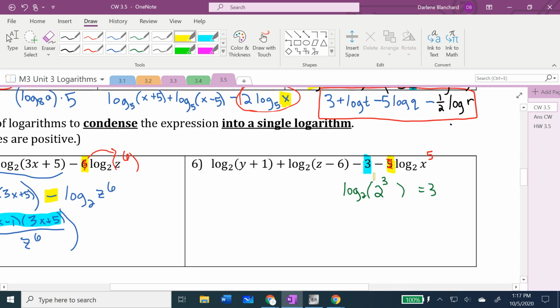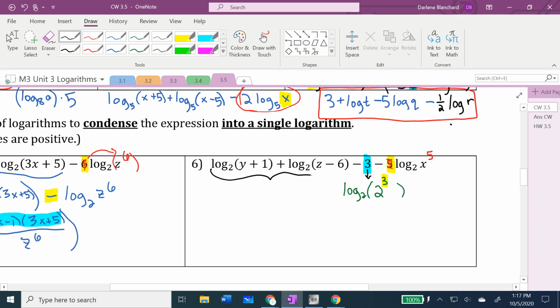The inverse property says 3 goes into the exponential function with base 2. That result then goes into log base 2, which takes you right back to where you started with the 3. I'm going to erase the equals 3 part. And then move to the next step, understanding that this is now what I'm using instead of the 3.